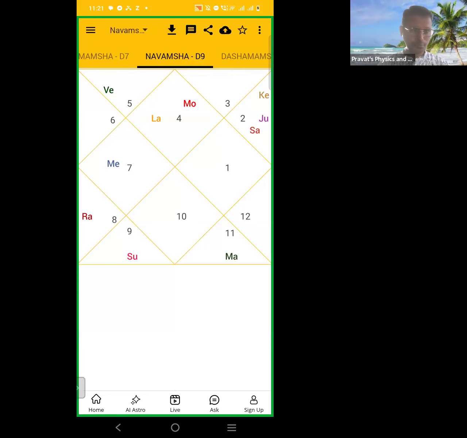We have the chart of Konarkji, whose details I have shared. We found that moon is in the Leo sign and in his 4th house in the D1 chart. And the very same moon has moved to its own sign of Cancer, and that is the 1st house of the D9 chart. Any doubt?